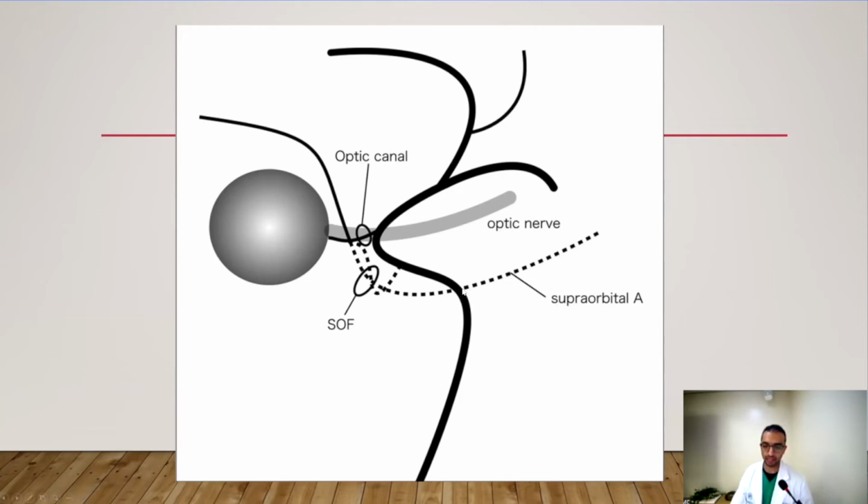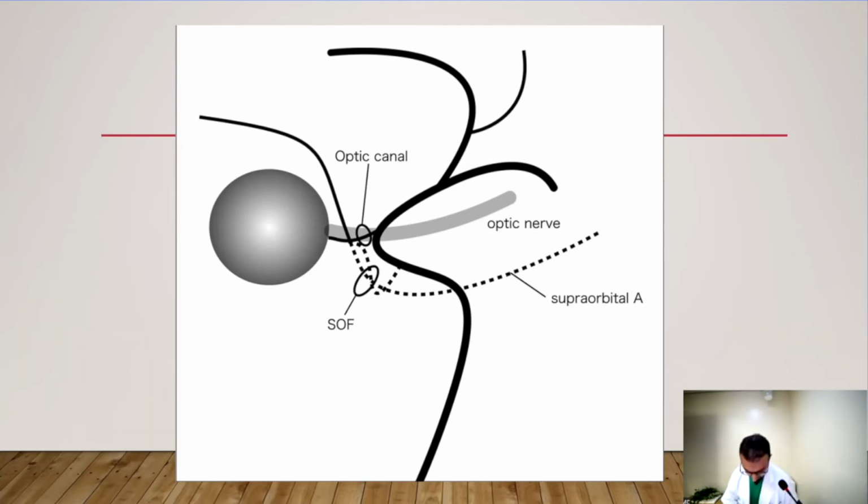It takes place through the superior orbital fissure into the optic canal to contribute to the orbital arterial feeding. And then eventually this artery regresses, and as we can see here, this is the remnant of the adult ophthalmic artery.